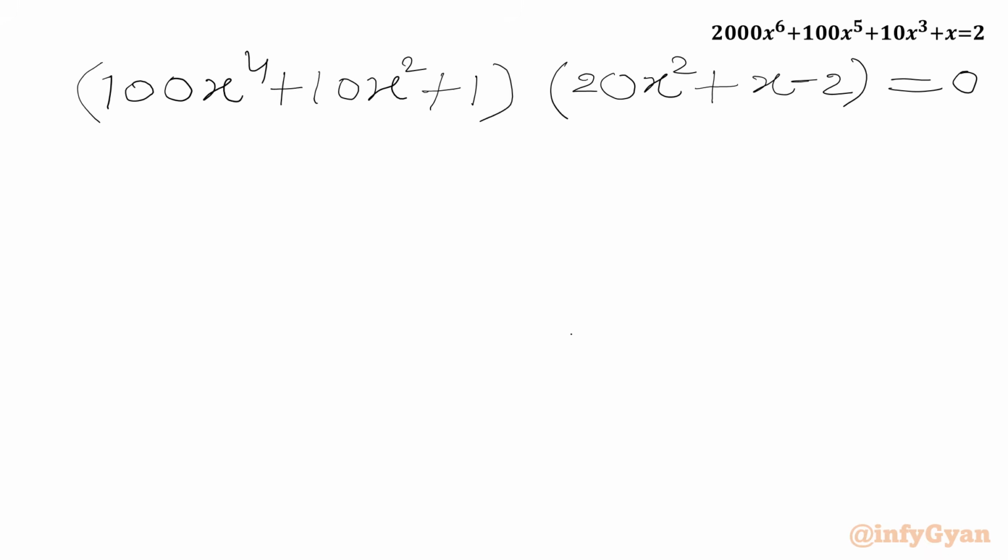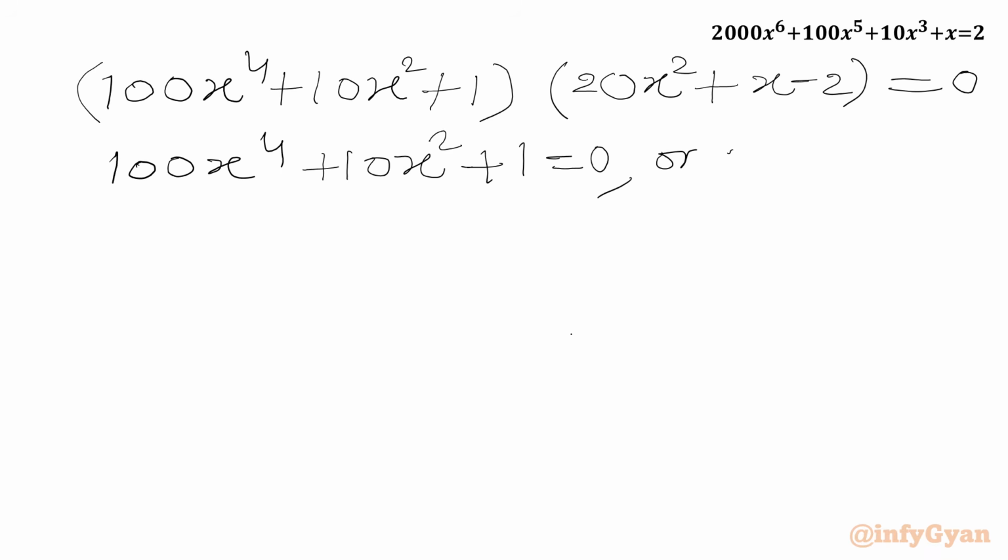Now we will be using product 0 rule. So we can write two equations, either 100x power 4 plus 10x square plus 1 equal to 0, or 20x square plus x minus 2 equal to 0.